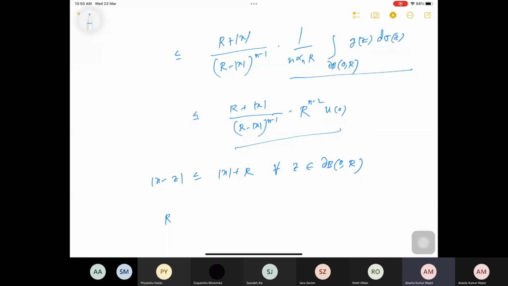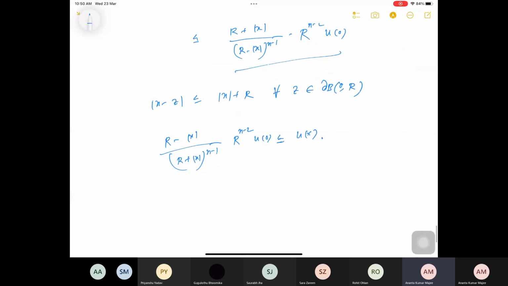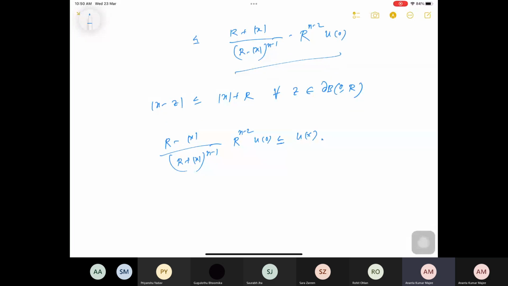So what you end up with, this should be ((r - |x|)/(r + |x|))^(n-1) times r^(n-2) times u(0), this is less than or equal to u(x). Okay, because z is positive, so there is no problem.